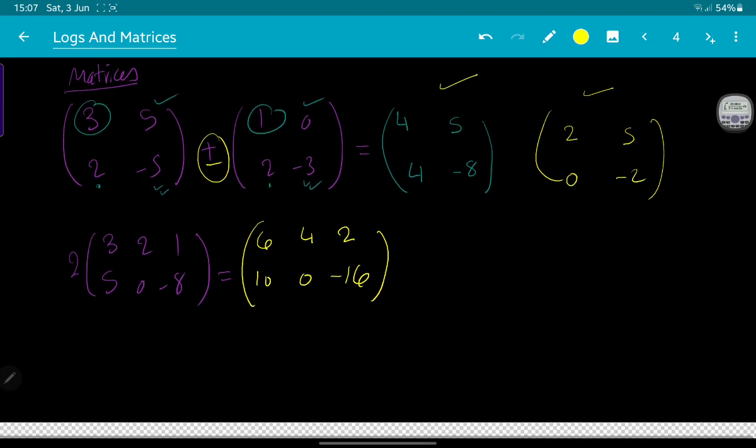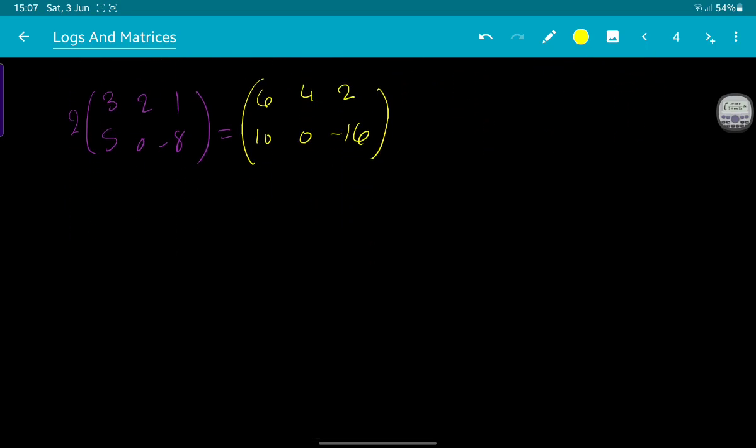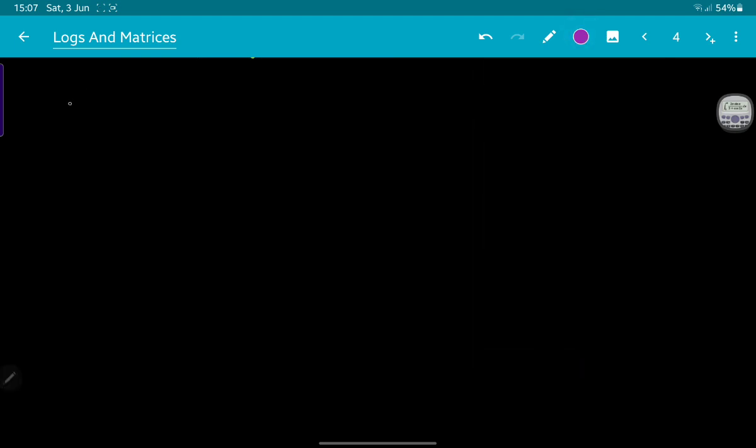Okay, this part is very easy. But when we multiply two matrices, we do longer steps. For example, if we have 2, 3, 1, -2, 0, 5, -2, and 3.